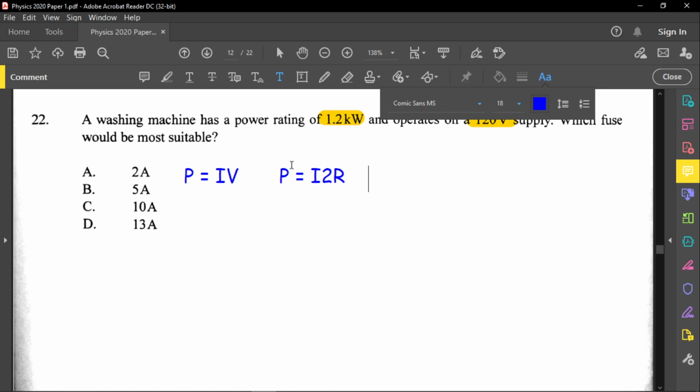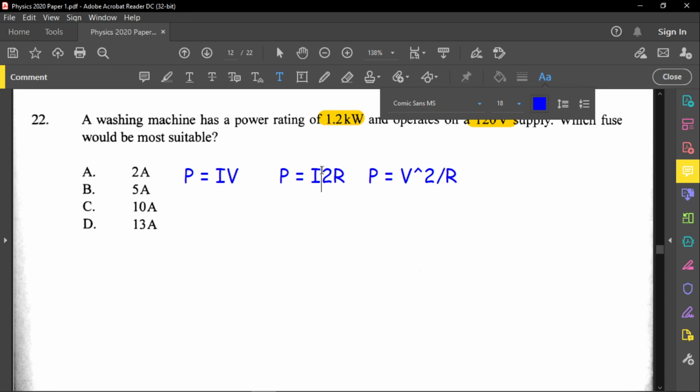And so power can also be given as V squared over R. So V squared over R, just to make a note of that.